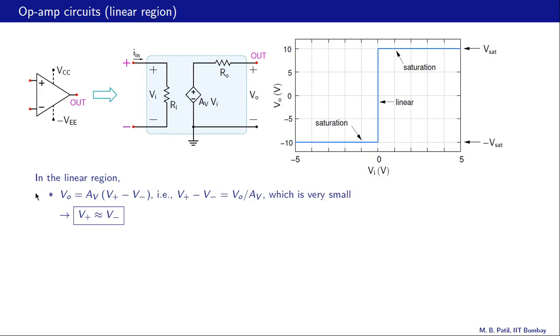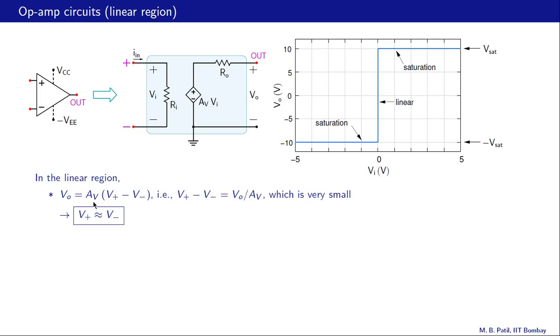We start with op-amp circuits in the linear region. In the linear region, that means the op-amp is operating somewhere here. What can we say? The output voltage is AV times V plus minus V minus. That is the input voltage V plus minus V minus.